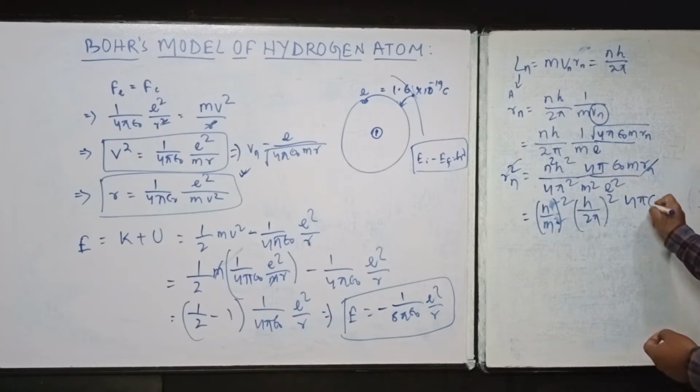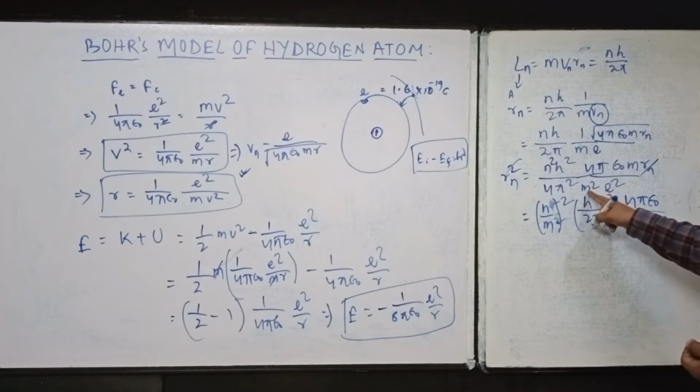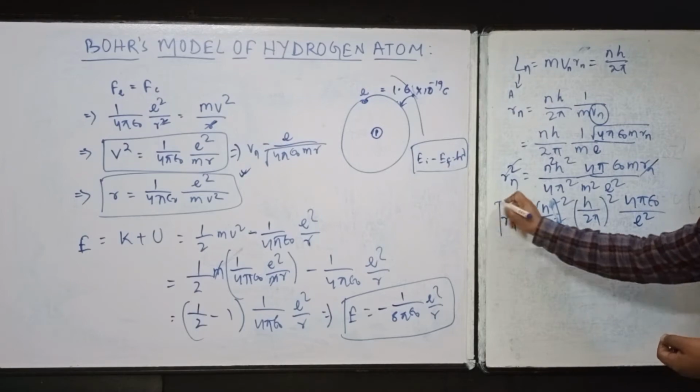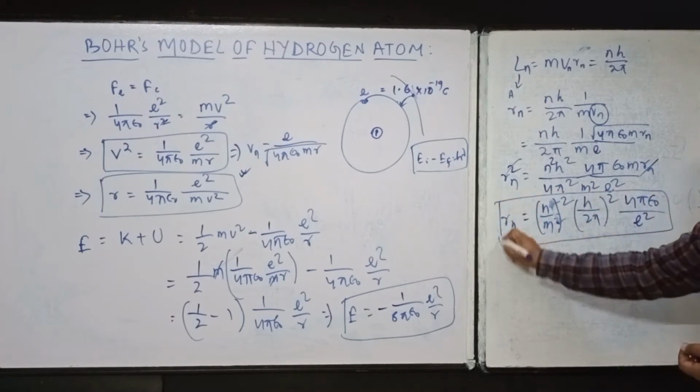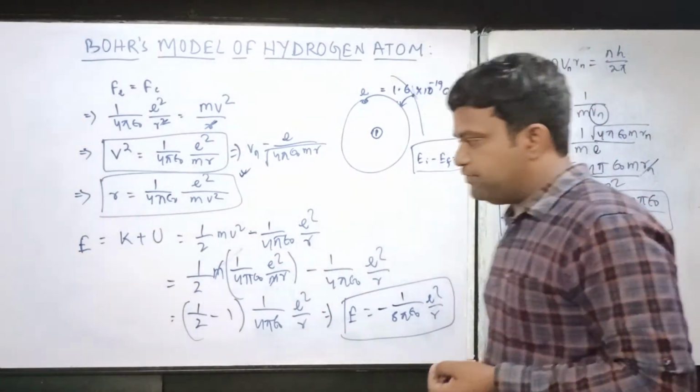I am writing in a suitable form, so 4 pi epsilon naught, and in the denominator what is left is e square. So this is your Rn, the radius of the nth orbit.